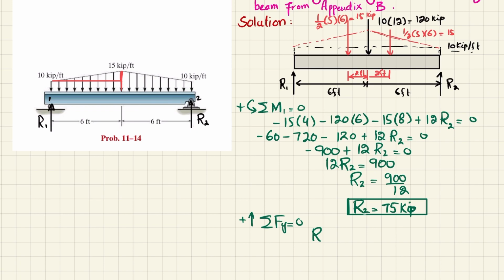Okay, now you have R1 minus 15 minus 120 minus 15 plus 75 is equal to 0.